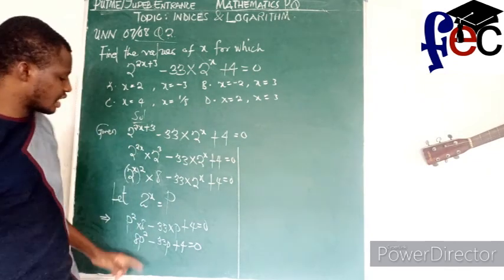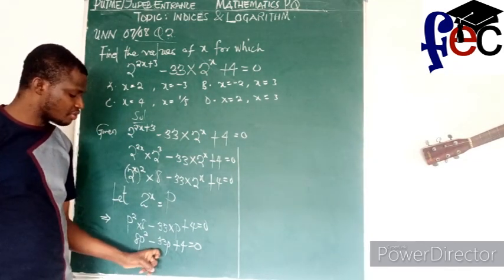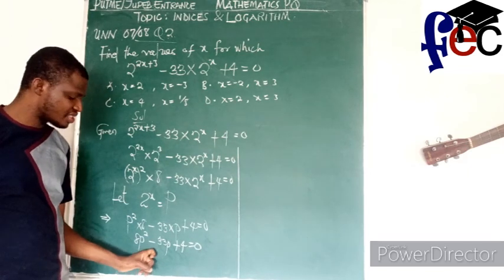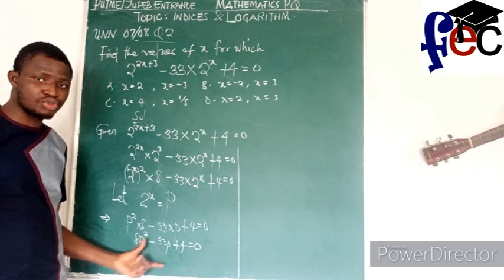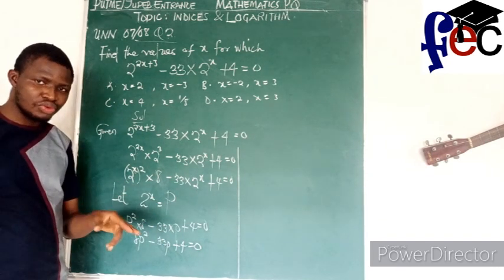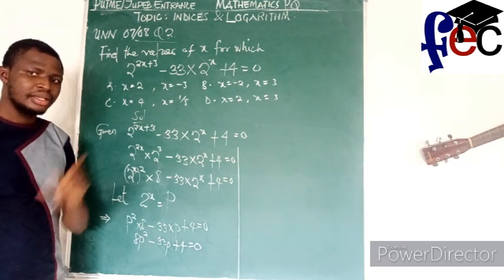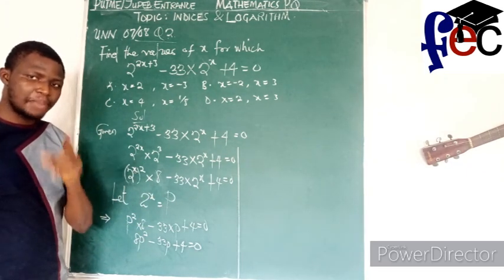What that means is that if we are to get our factors, you will realize that the two factors that will replace minus 33p from the product of 8 and 4, which is 32p squared, are minus 32 and minus 1. Minus 32p and minus p.